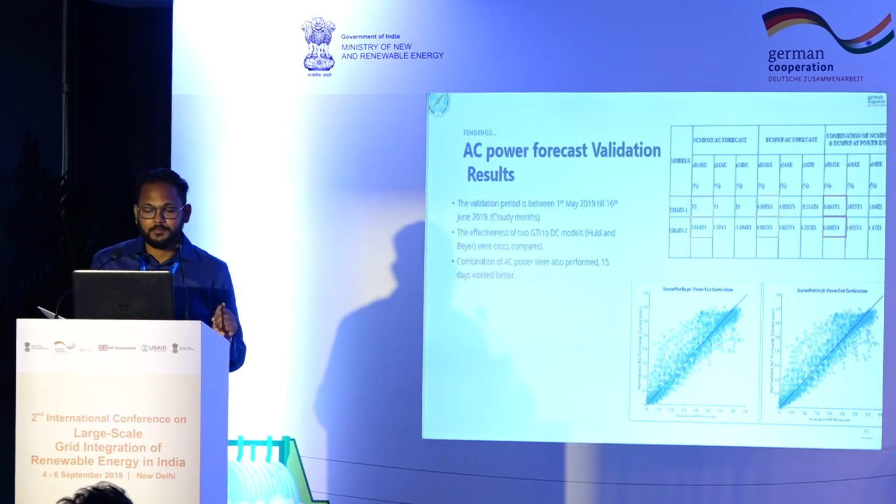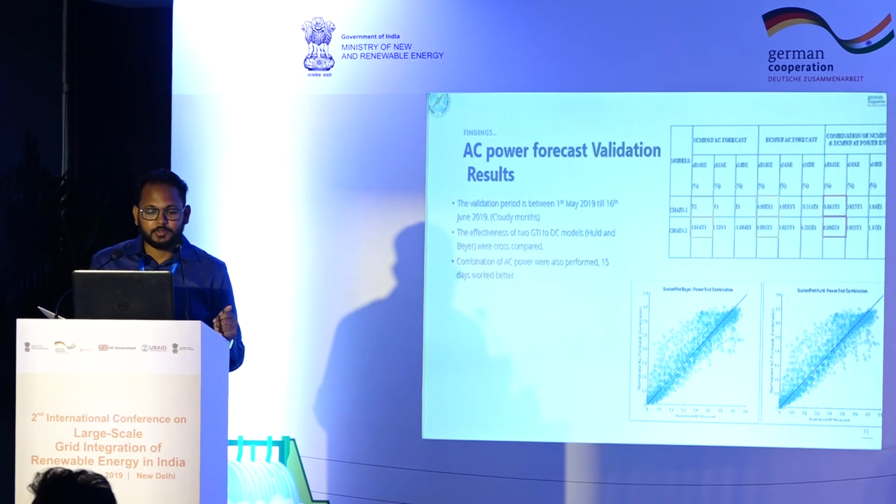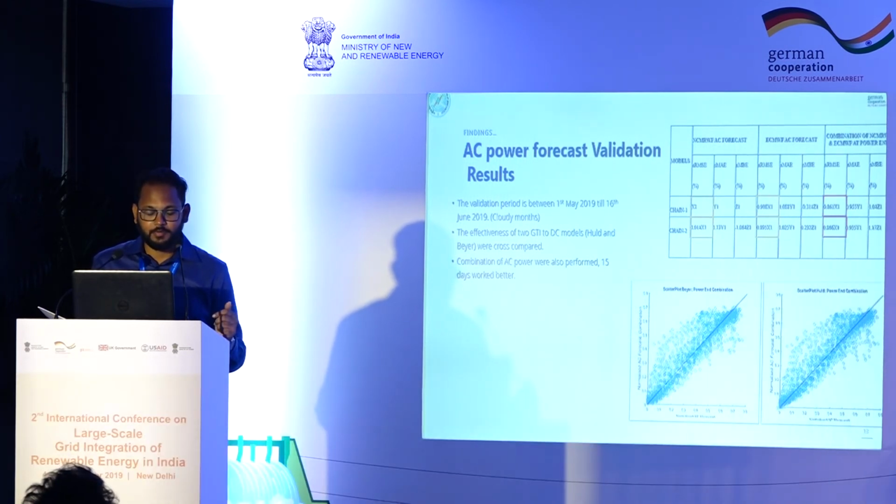So that's why we combine the AC power at the power end. Using the historical data set, these coefficients get trained every time the model is run. For this individual power plant, we found 15 days was working better for this particular site.